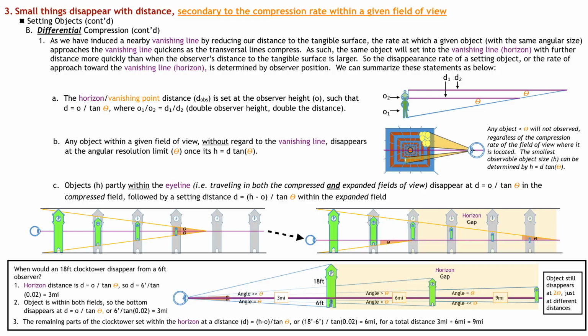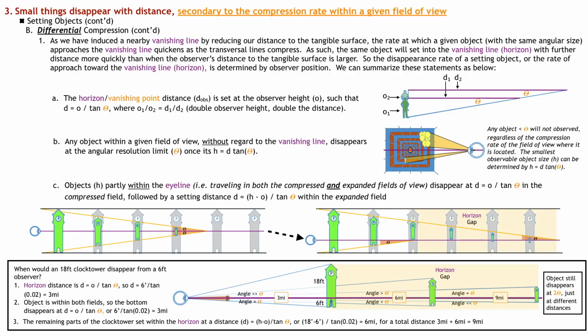And hopefully the diagram that is shown makes a little bit more sense now just for this clock tower, where again we have induced a nearby horizon by lowering our eye height, and we have created a further horizon along the top aspect of the clock tower.